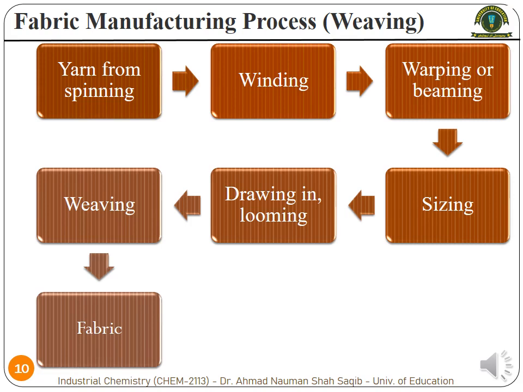And the main advantages we get from the sizing process are to maintain good fabric quality by reducing hairiness and increasing the smoothness and strength of yarn. The sizing process also increases the tensile strength of cellulose yarns, and it also increases the elasticity of the yarn.